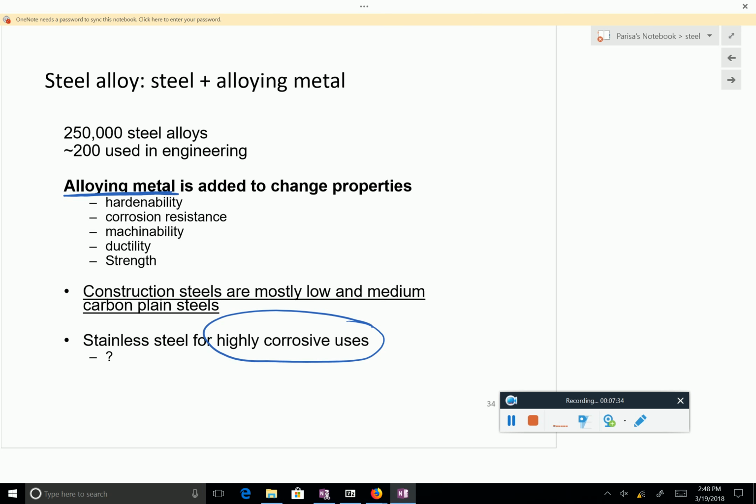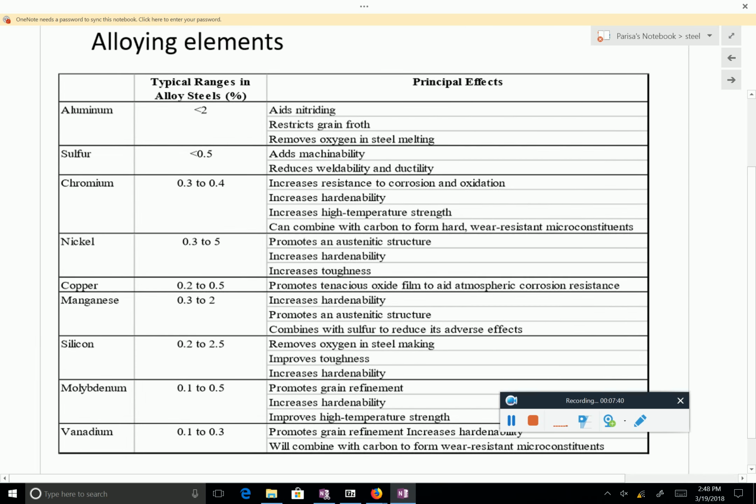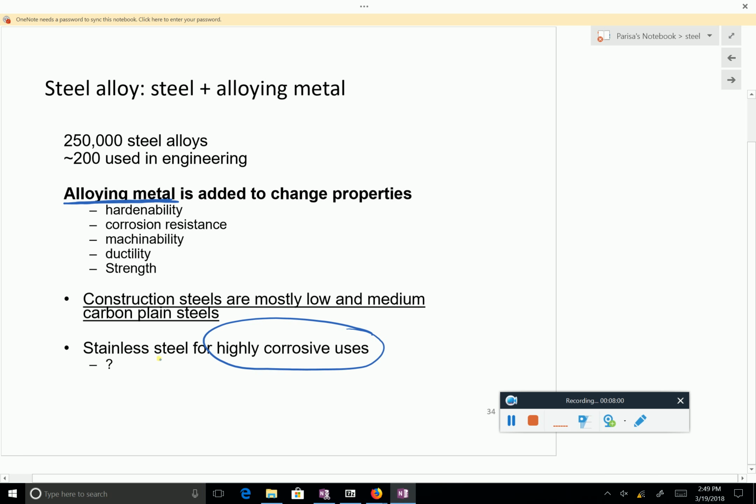Now there is a table in your next slide where you can see some of these different elements, and you see the dosage that you would add them to steel and the kinds of properties that you may expect to get. Try to see what you have to add to your steel to get corrosion resistance, for example. If you see at the end of the last slide, I have a question mark.